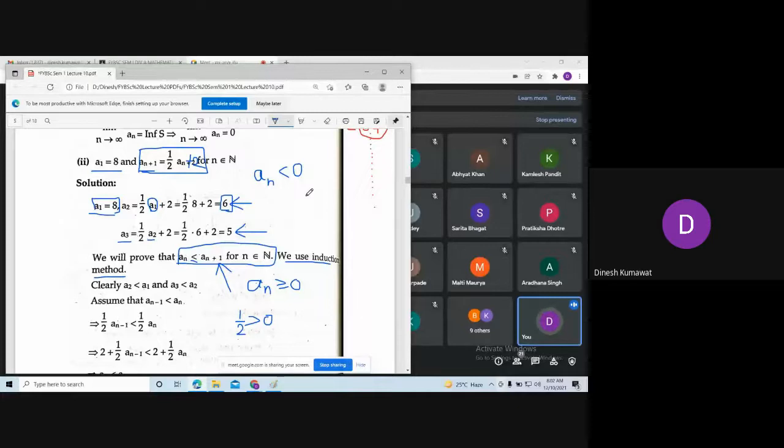What do we know about a1? Is it positive or negative? Positive. And how are we going to obtain a2?